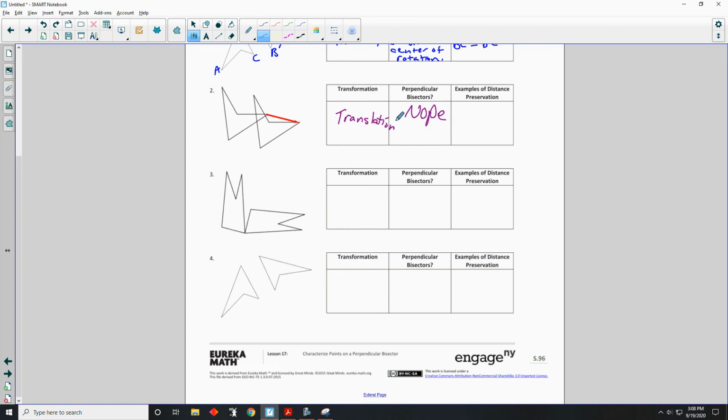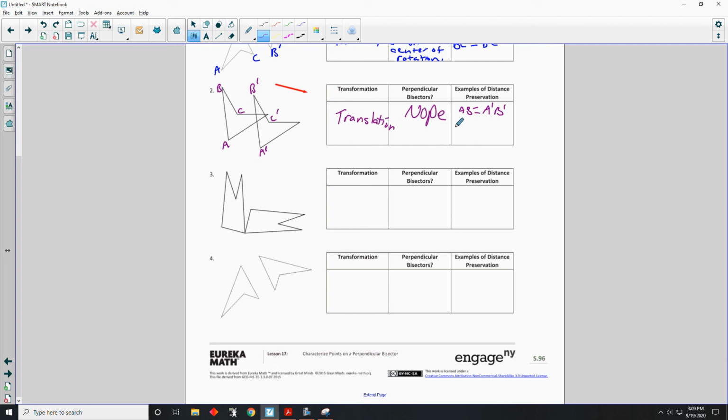Examples of distance preservation. Again, just name a segment on the original, name the segment on the image with prime, and say AB equals A prime B prime. Translations preserve our distance, lengths. So if I then continued, let me get this vector out of the way. This would be C, and this would be C prime.